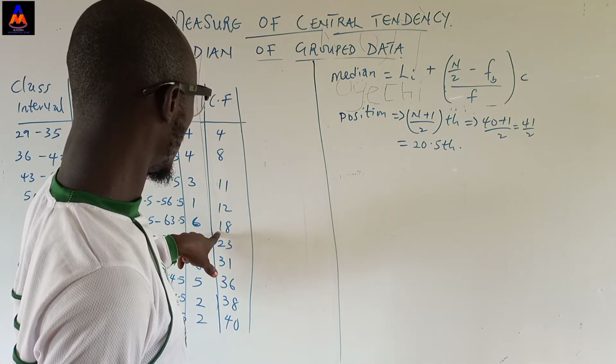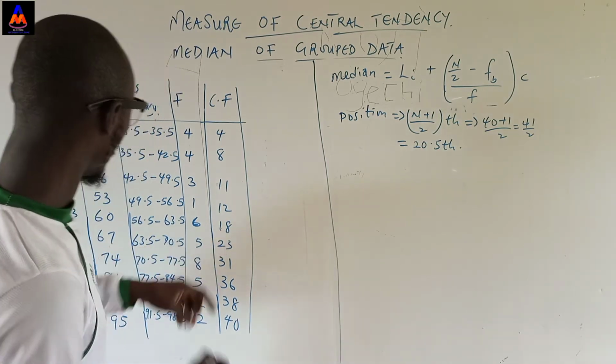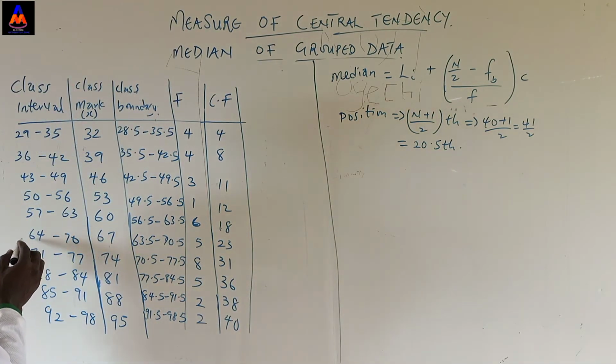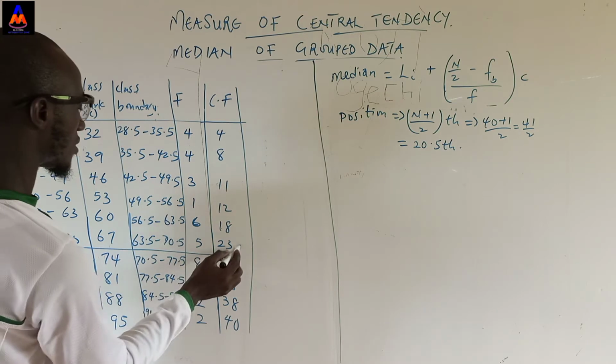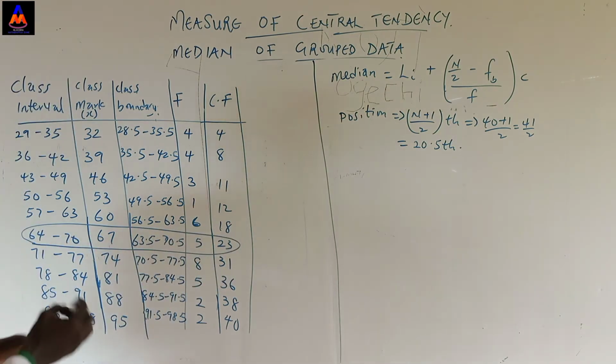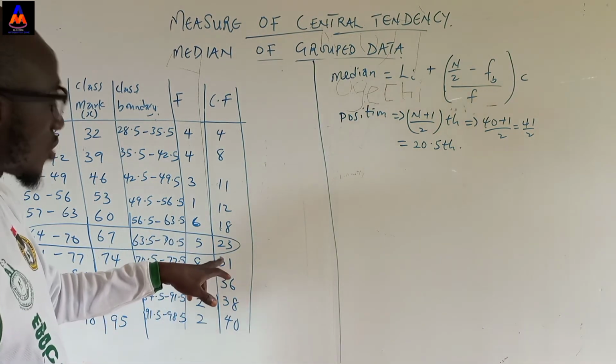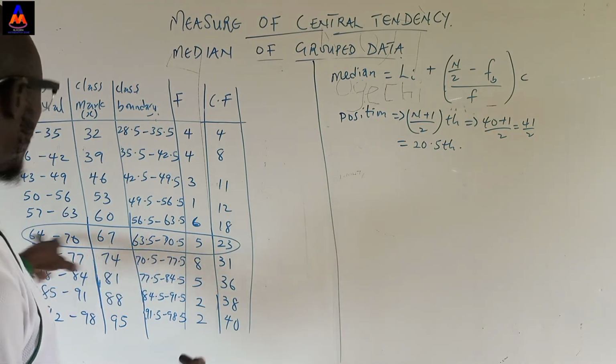This is position 18, this is 20.5. So it means that our median class is this class, you can see it here.